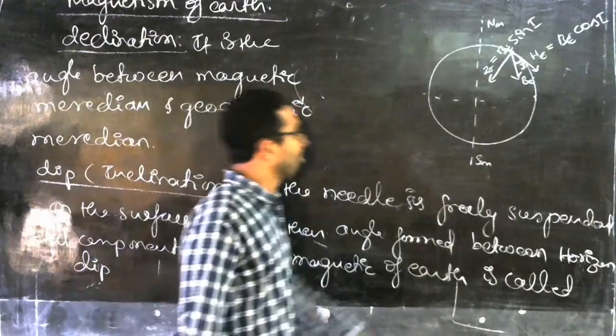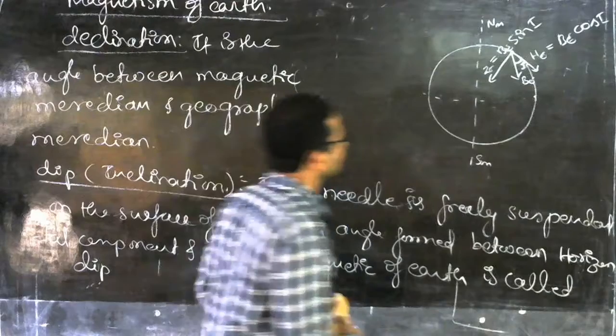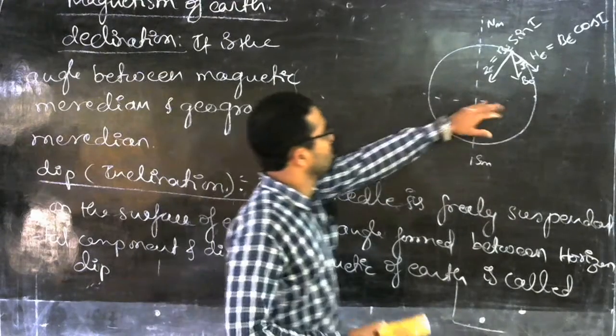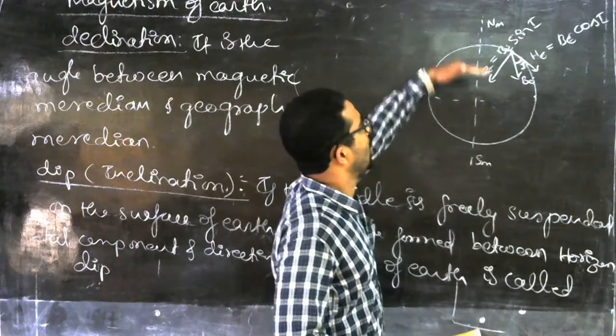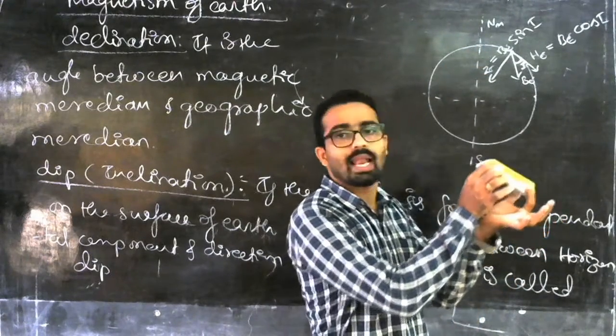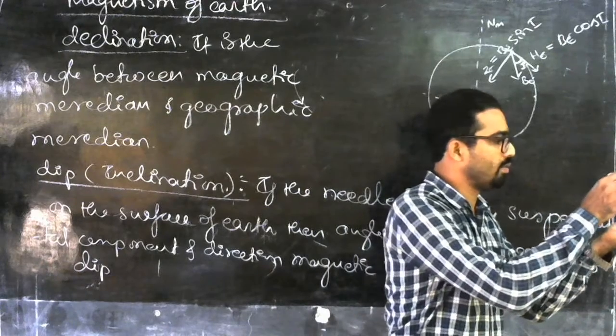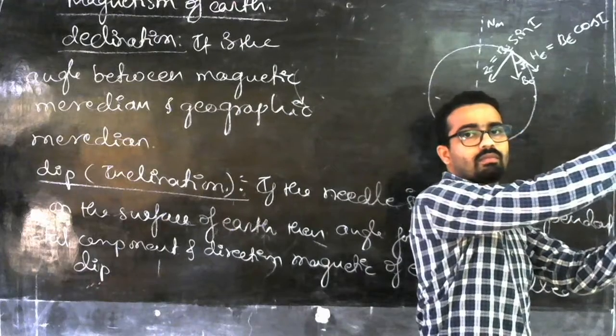Now we got the values of the horizontal component and vertical component. I told you that whenever you are moving towards this pole, the needle will make an angle like this. It will go like this, and when you go to the pole, it will align like this.